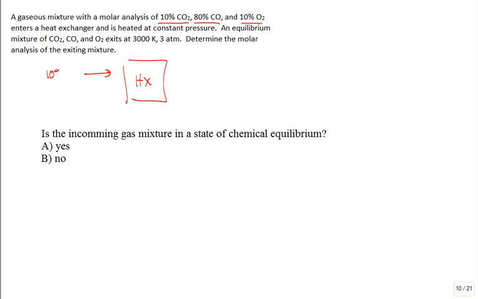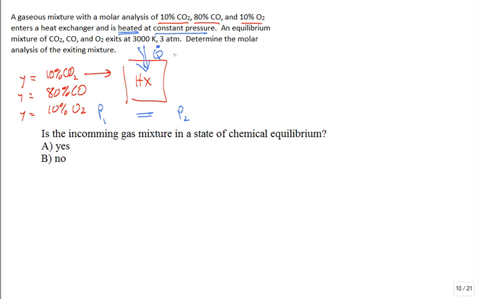It's 10% CO2, 80% CO, 10% O2, and that's mole fractions. That's the Y's, okay? And it's now heated. In the heat exchanger, there is some heating going on, at constant pressure. So the pressure in is equal to the pressure out. It's being heated at constant pressure.